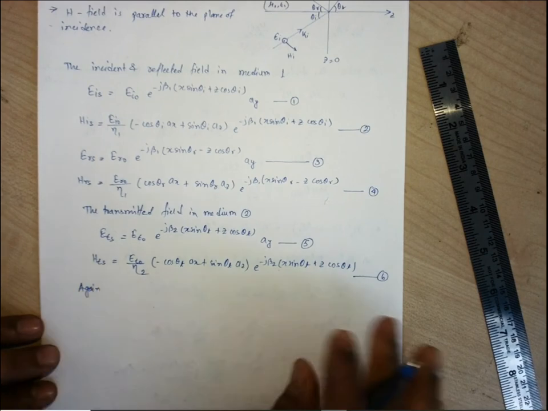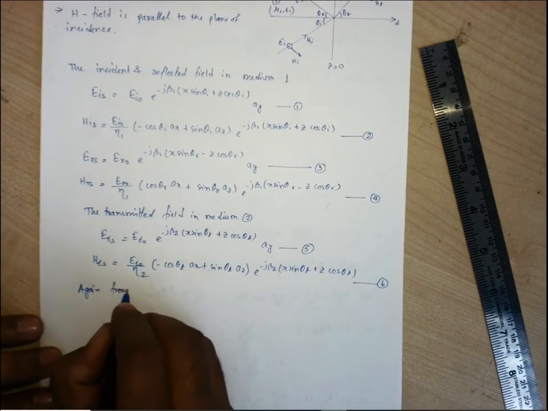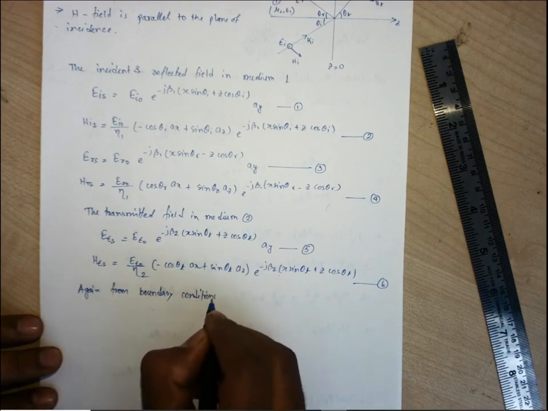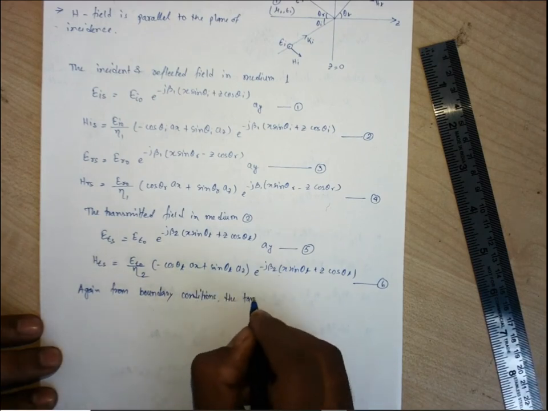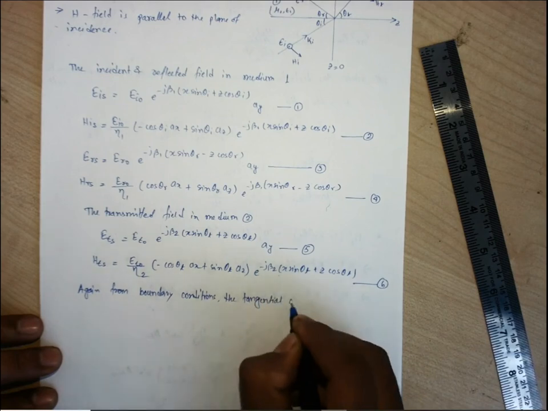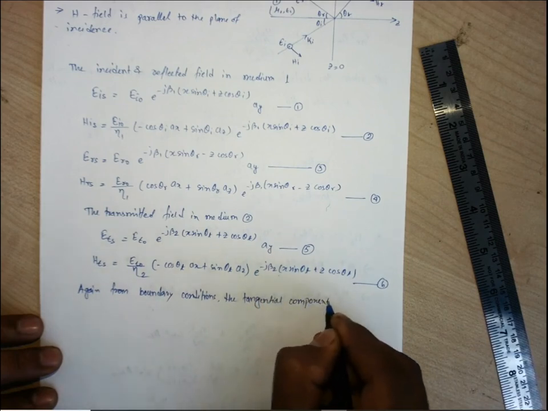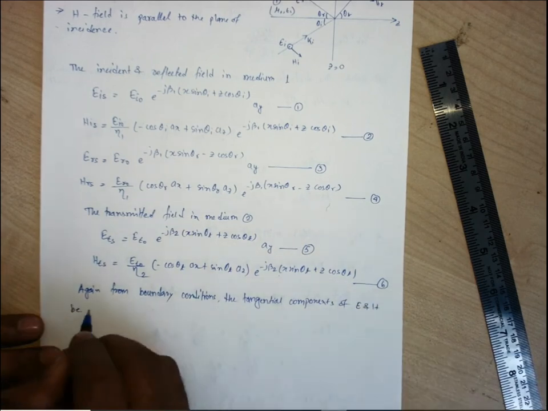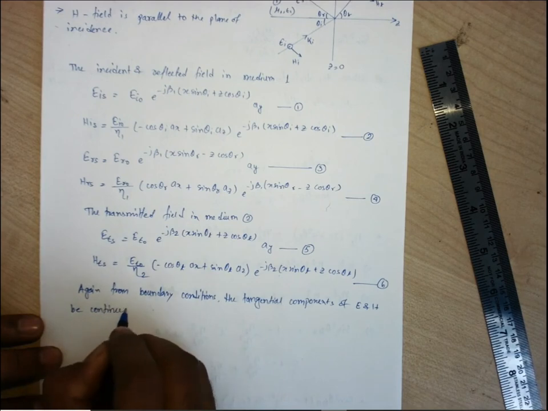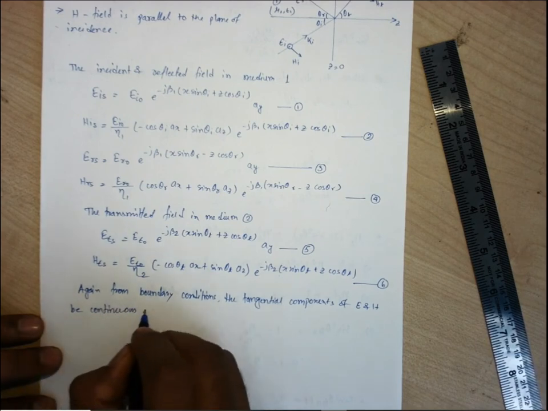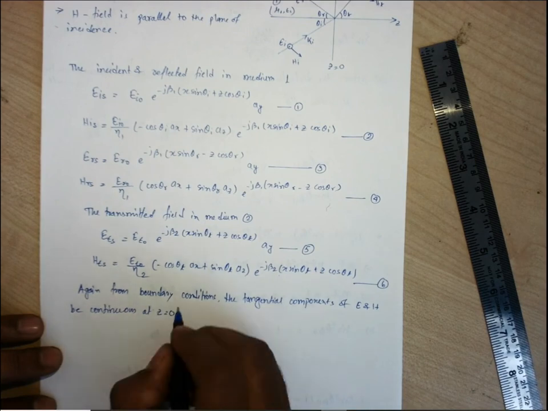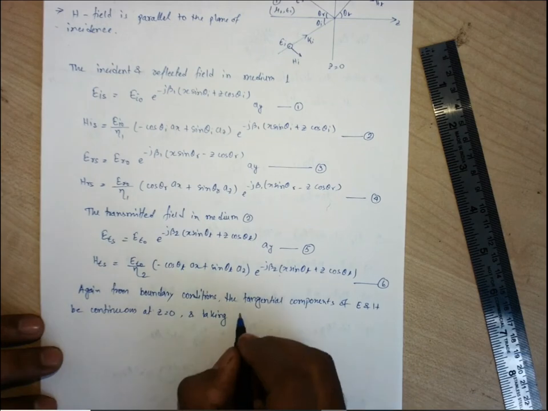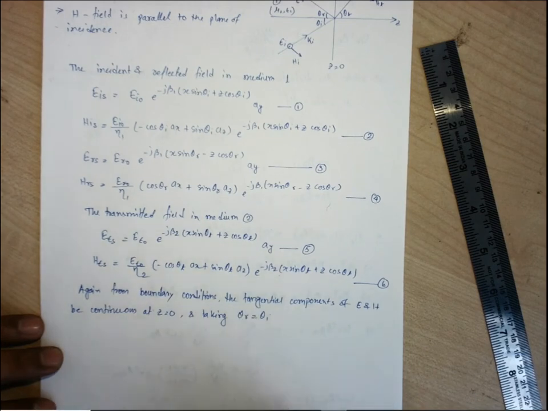Again, from the boundary conditions, the tangential components of E and H must be continuous at z equals 0, and we know theta r is equal to theta I.